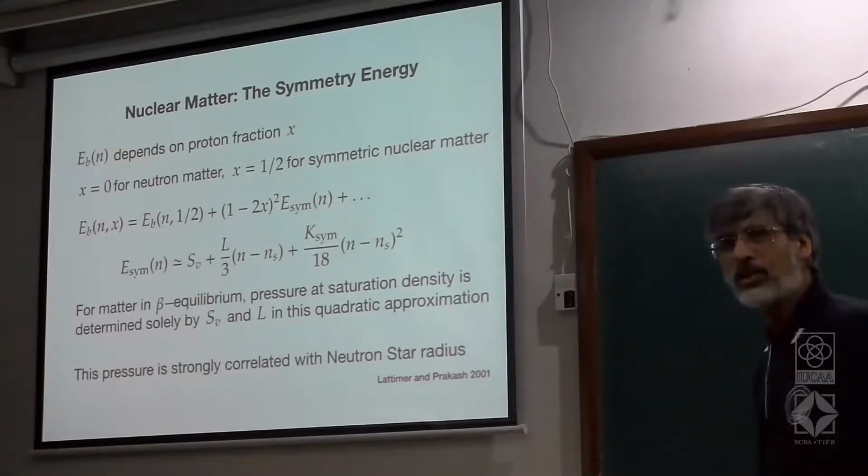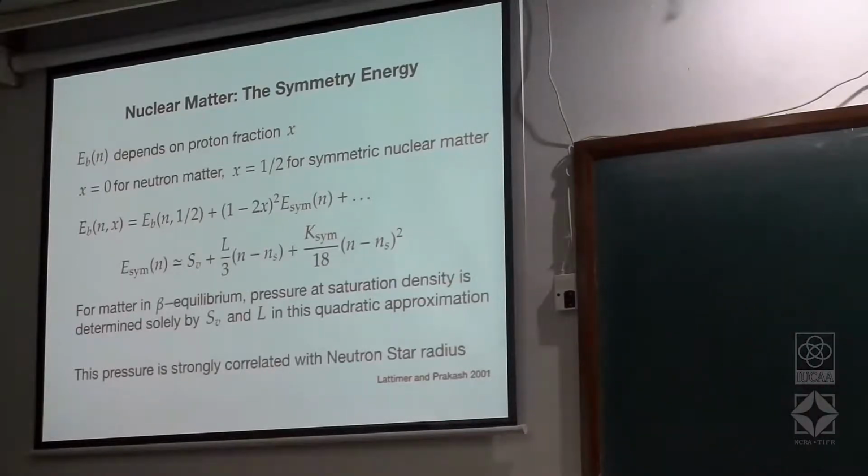If beta equilibrium is imposed, then pressure at n equal to ns is determined solely by the first term here, Sv, and solely by Sv and L in this quadratic approximation.